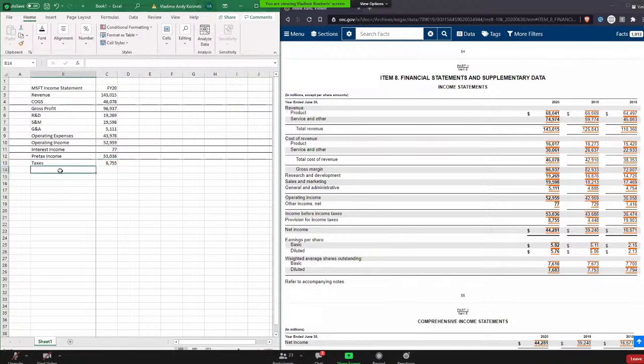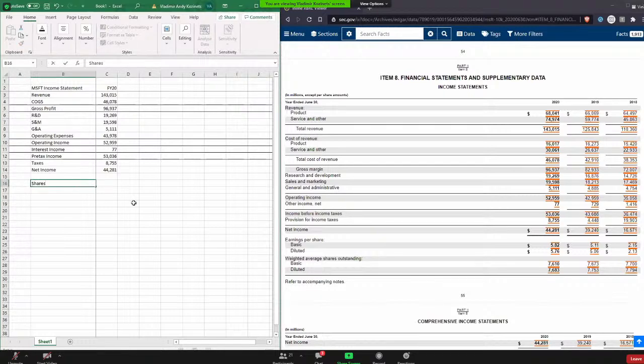So their net income comes out to be, let's see, let's just sum it. $44,281.